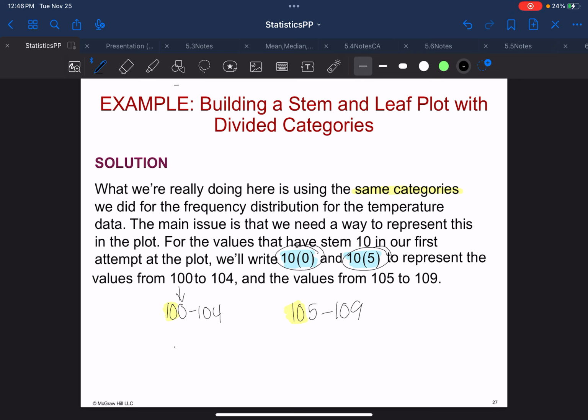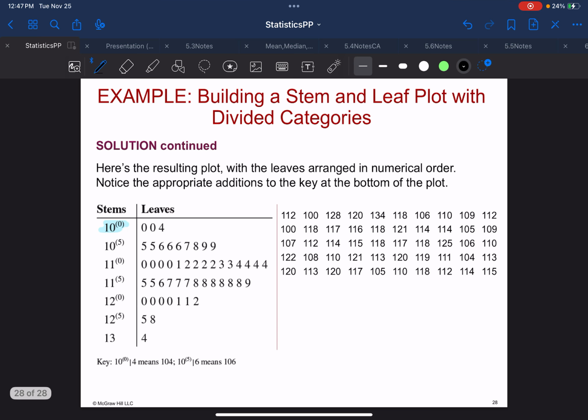This notation means that the smallest leaf will be starting at a 5. And so that is how we are going to represent these stems. So again, this first one here will be from 100 to 104, and then 105 to 109, and then 110 to 114, 115 to 119, and so on.